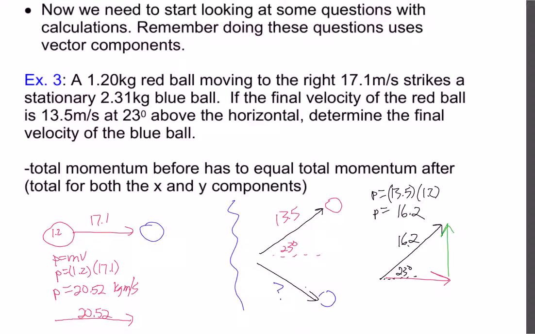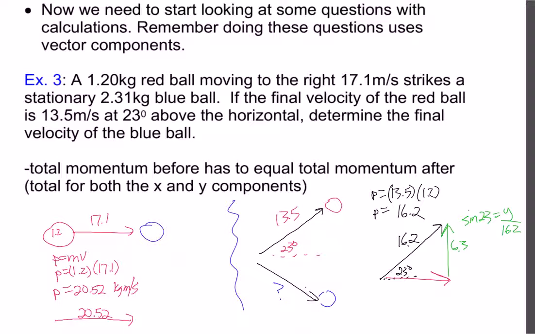Okay, so we need to calculate those. Just use regular trig. We have sine 23 equals our y direction over 16.2, so we get an answer of roughly 6.3. Then we do the same thing for the x direction.